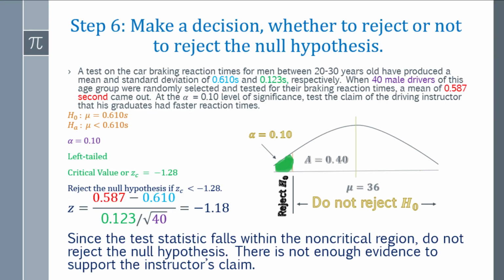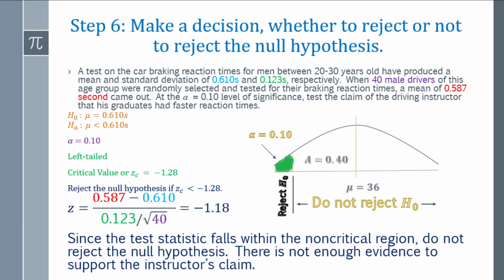At mapapansin mo, ang negative 1.18 is greater than negative 1.28. Since the test statistic falls within the non-critical region, do not reject the null hypothesis. There is not enough evidence to support the instructor's claim. Ito yung step 6. Make a decision whether to reject or not to reject the null hypothesis. So, makikita nyo naman, ganito lang yan.